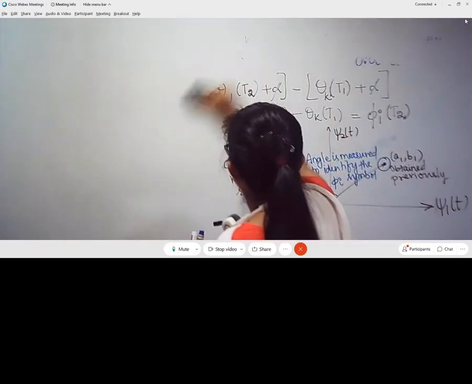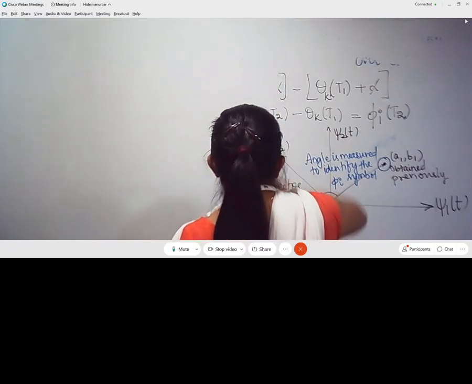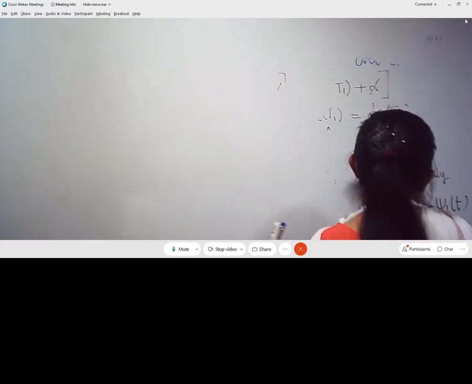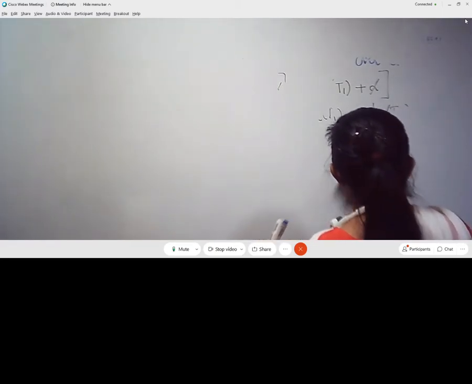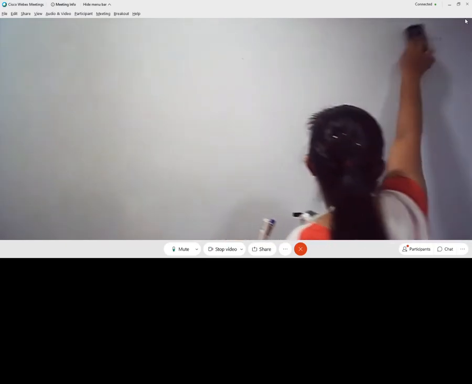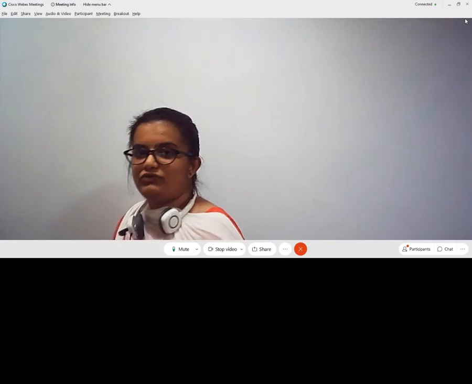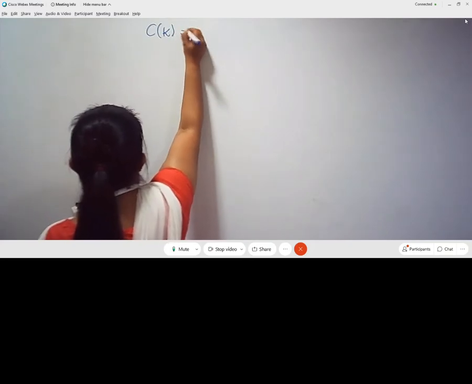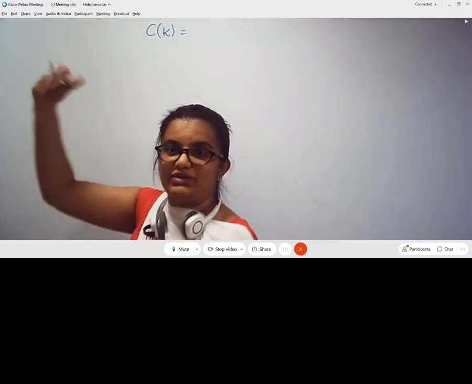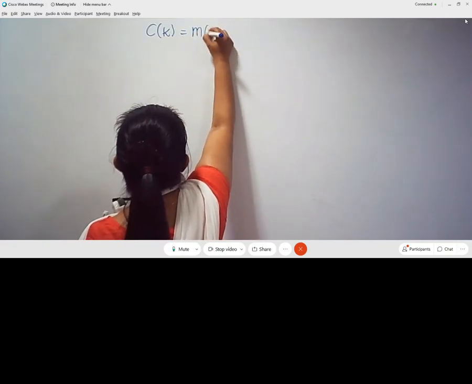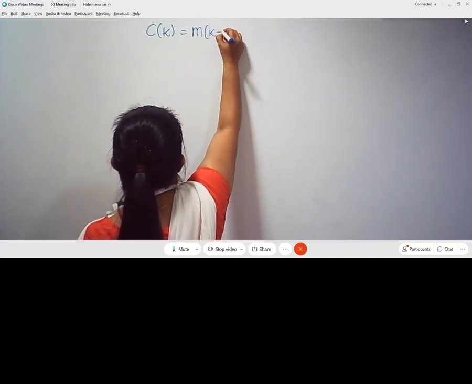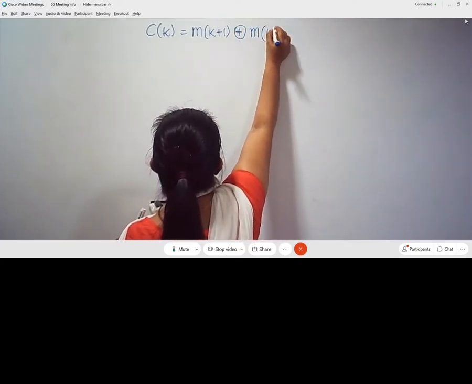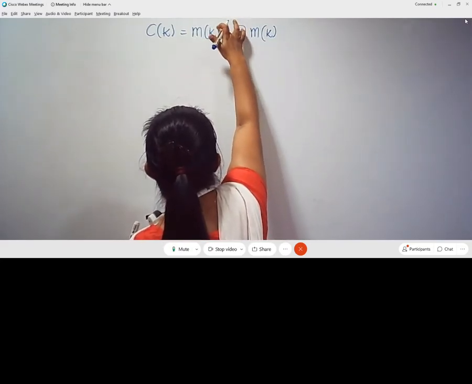For the differential encoding process on the transmitter side, we will make use of some logical operation on the bits themselves, which is going to help me find the relation between the current bit and the previous bit. For that, we make use of a function Ck, where Ck is the modified bit stream with the message M k plus 1 XORed with the message at the kth instance. Sorry, M k minus 1 plus.